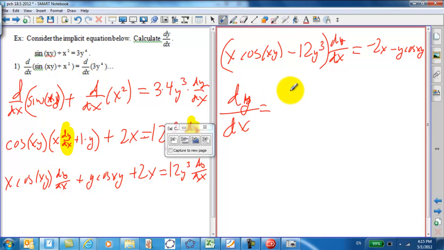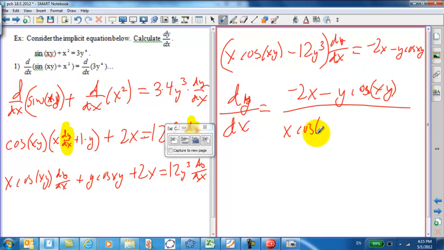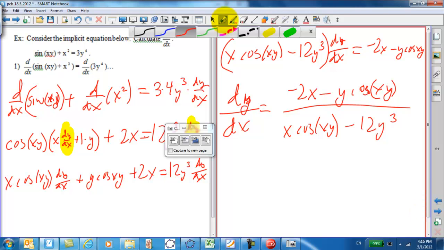So we get negative 2x minus y cosine xy all over x cosine xy minus 12y cubed. I don't see any easy ways to factor this. So let's do our TI-89 check.